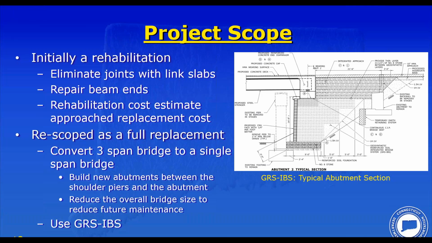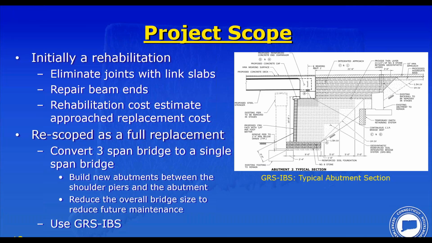So I can't say off the top of my head it would go ABC or would not go ABC. You'd have to go through the matrix and actually go through the parameters. The major parameters would be how long would construction be for conventional? How long would construction be for ABC? Depending on the method of ABC you chose, those numbers would vary and change. So it might very well come out as ABC if you went to a different form of ABC, say a precast abutment versus this GRS IBS.